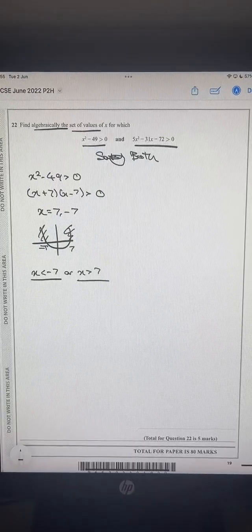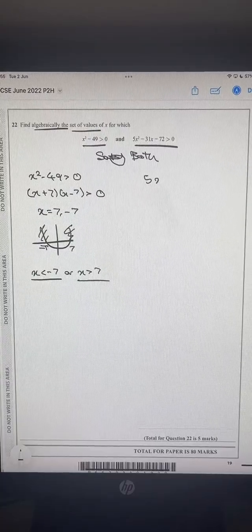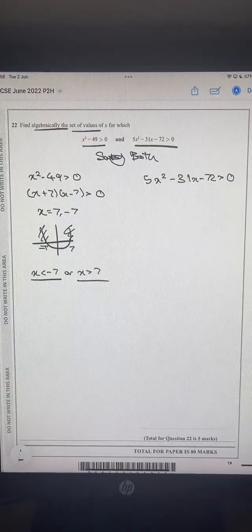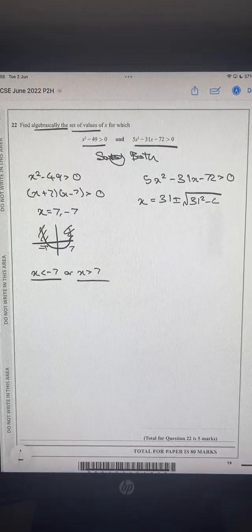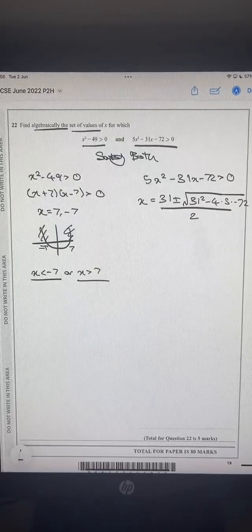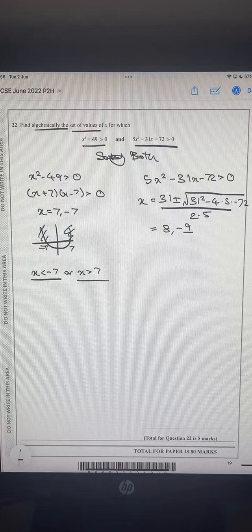Now I'm going to solve my other inequality. So 5x squared minus 31x minus 72 is greater than 0. I'm just going to solve the equation first. So x is equal to 31 plus minus square root of 31 squared minus 4 times a times c. So that's negative 72 divided by 2 times 5. And in your calculator, you get 8 and negative 9 over 5. You can also solve this by factorizing, but quadratic formula is just much quicker and easier.